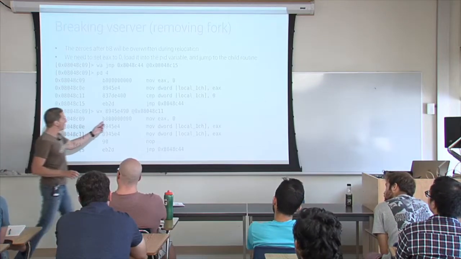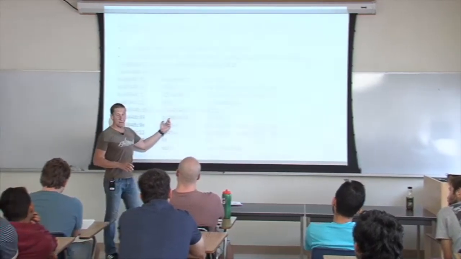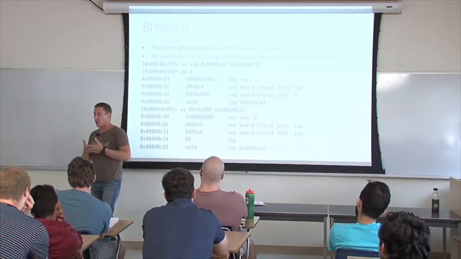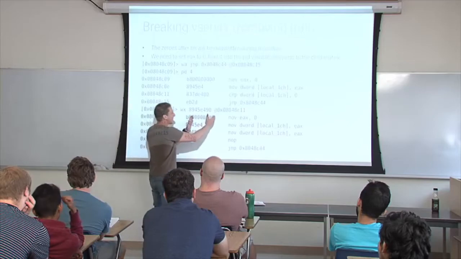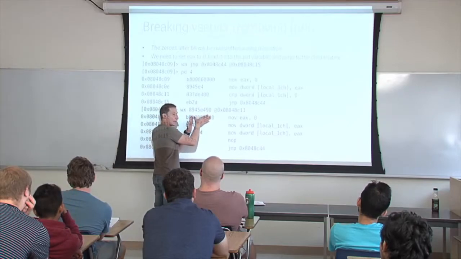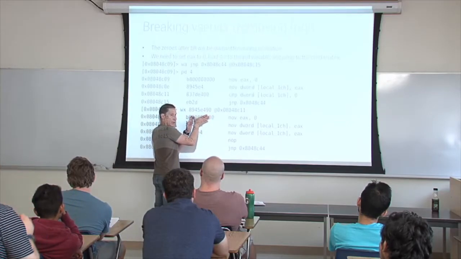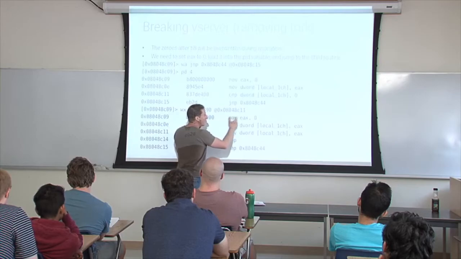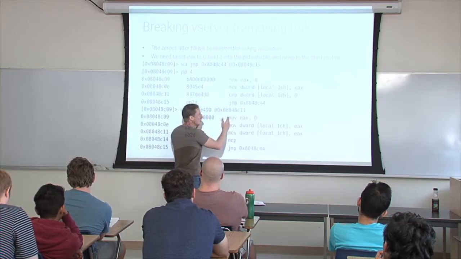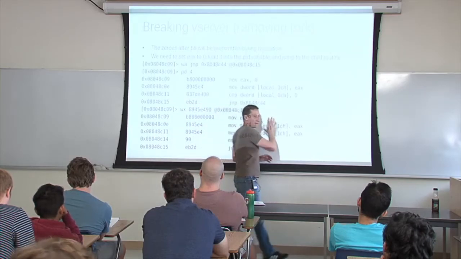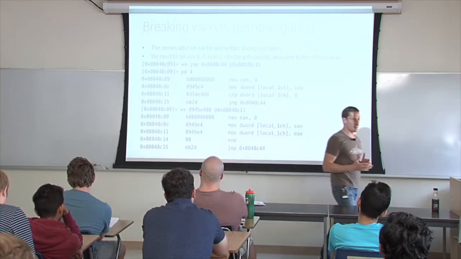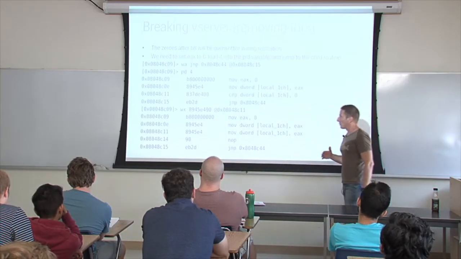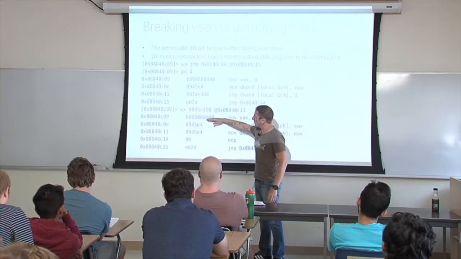So the fact that we put B8 and something, when the binary is loaded, it will say, oh, I know that these 4 bytes, I don't care what it is, I have to put the address of fork. And so even if we tell it to load 0, the moment it gets loaded, this gets overwritten. So instead of being move EAX 0, it's going to put move EAX some large value caused by the relocation. So this is not going to work.